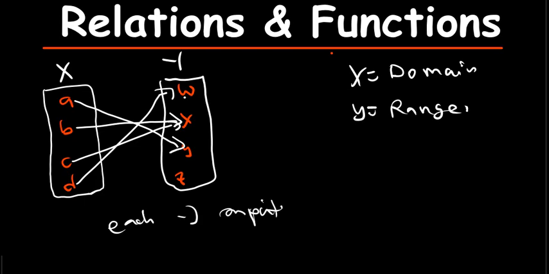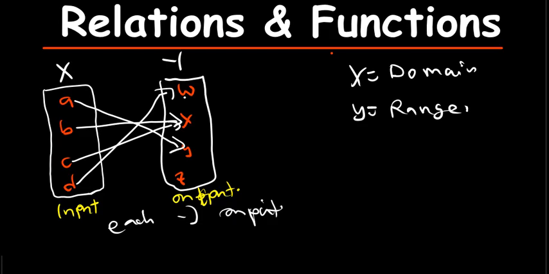This is what we call the input, the x values. This is the output. So for you to know that this is a function, for each input we are supposed to have only one output, exactly one output.